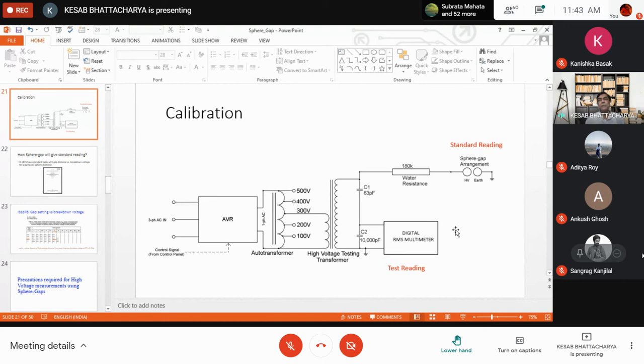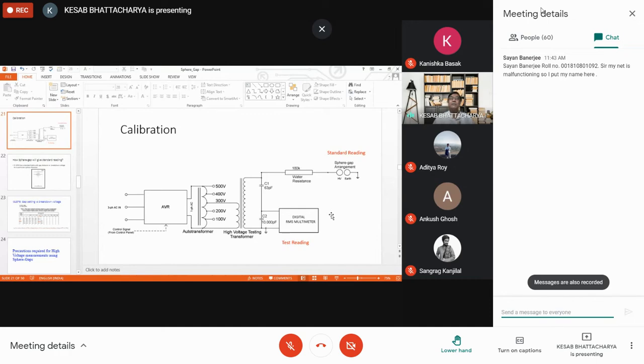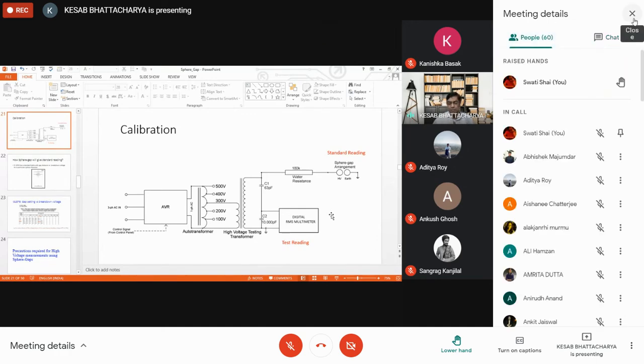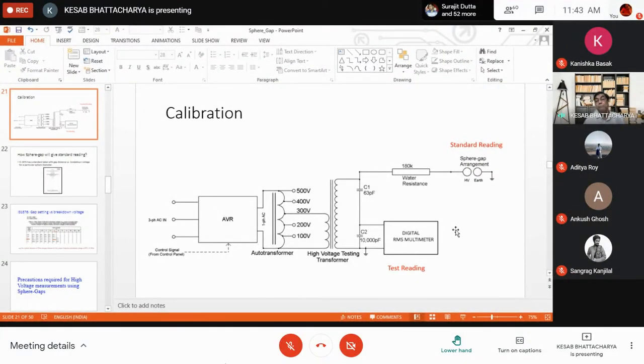Now, what do we have to do? We have to convert them, taking into account the factors which we shall discuss, ambient conditions, etc., and refer them either to RMS or peak. Then we have to compare the two values.